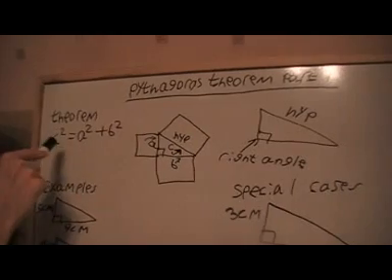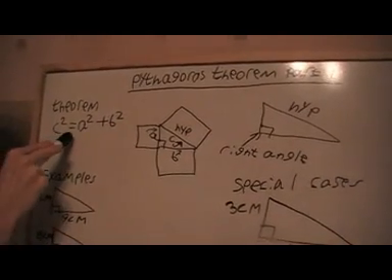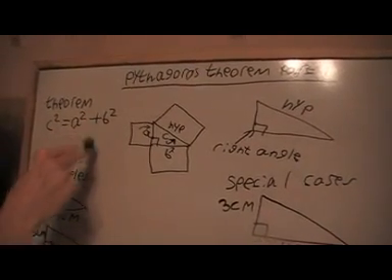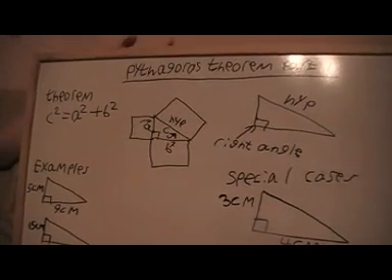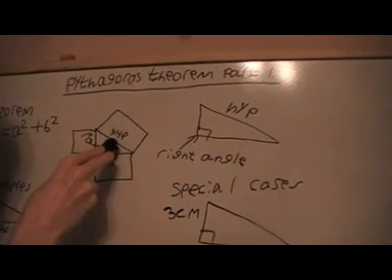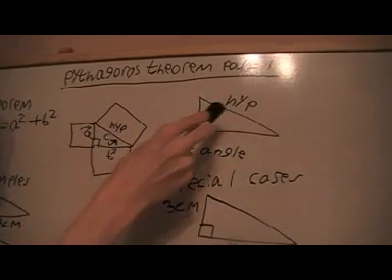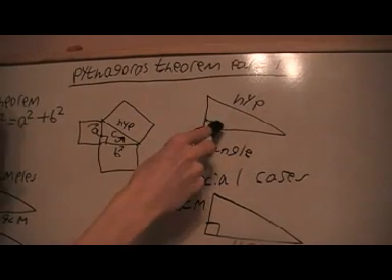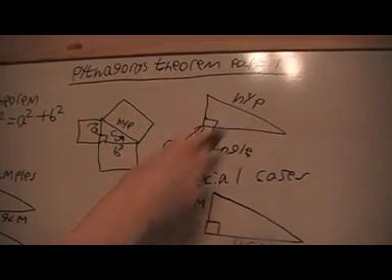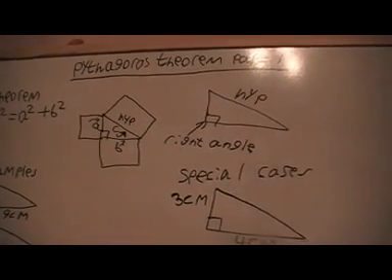So this is basically what the theorem says. It says that c squared is equal to a squared plus b squared. Meaning that if we draw a square on this side here, this side that's opposite the right angle is called the hypotenuse, and that's the longest side on the triangle.